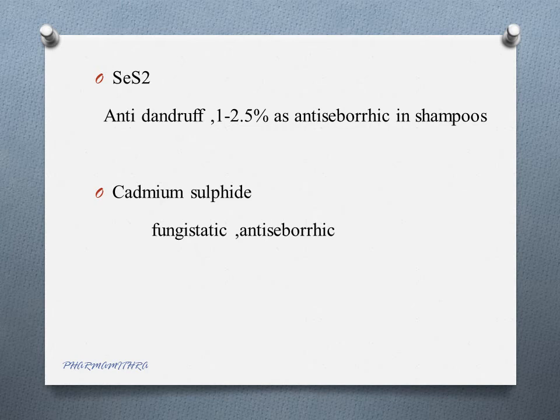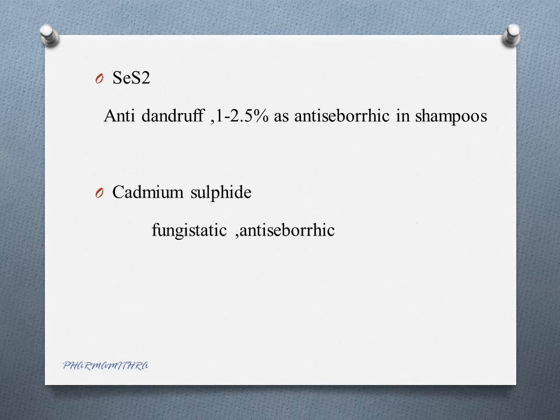Other examples are anti-dandruff or anti-seborrheic preparations. The most important anti-dandruff preparation is selenium sulfide, with a concentration of 1 to 2.5 percent, used as anti-seborrheic in shampoos, whereas another example, cadmium sulfide, will act as fungistatic and anti-seborrheic.